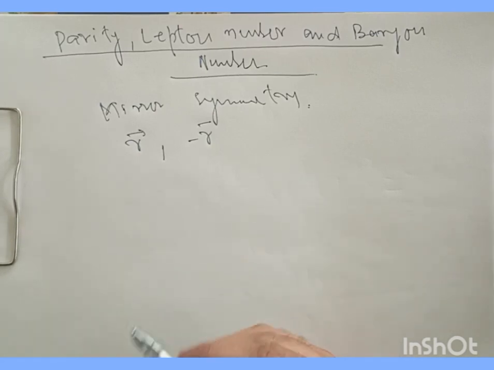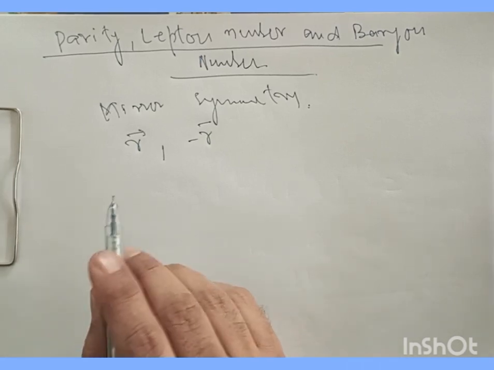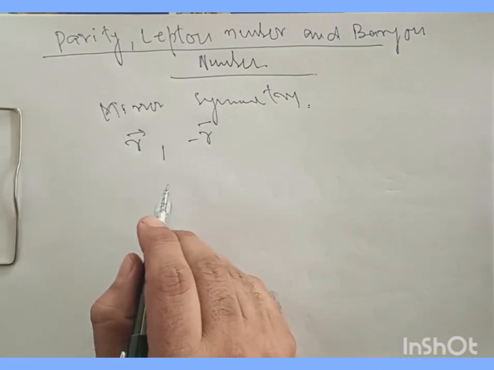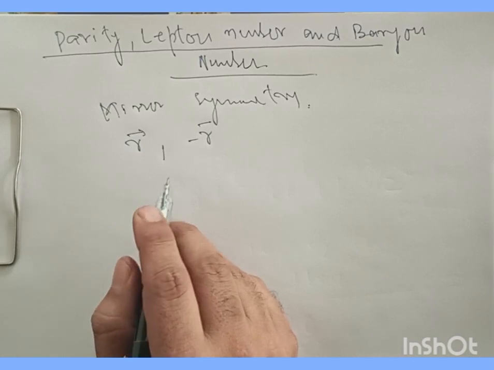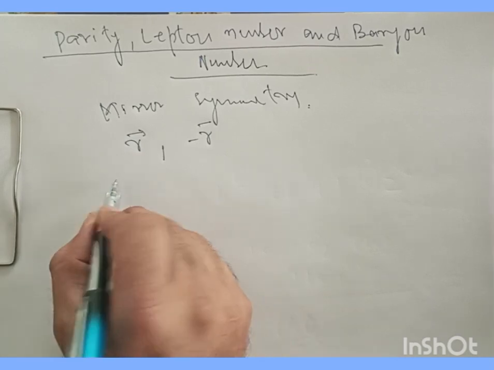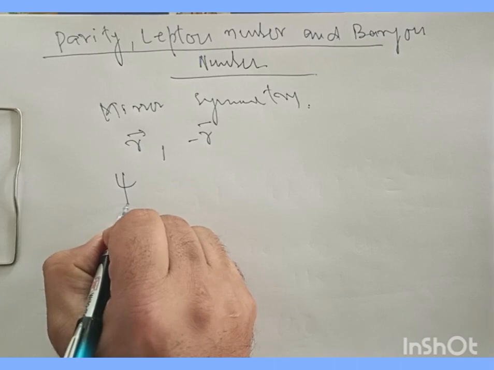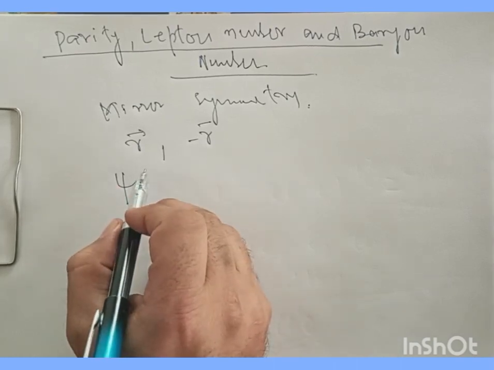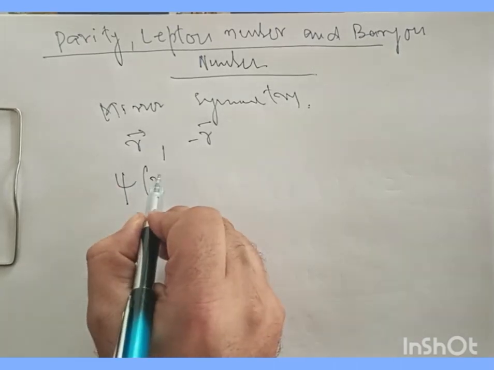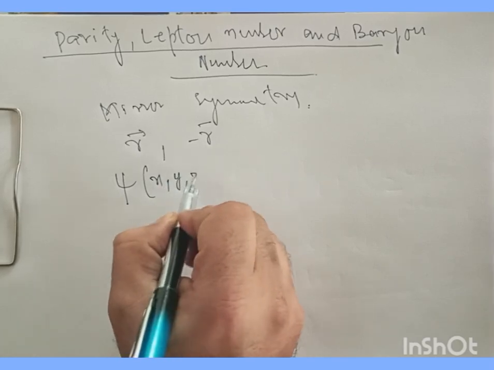But in quantum mechanics, every moving particle is basically associated with a wave which corresponds to a wave function psi, and this psi depends on the coordinates x, y, and z.